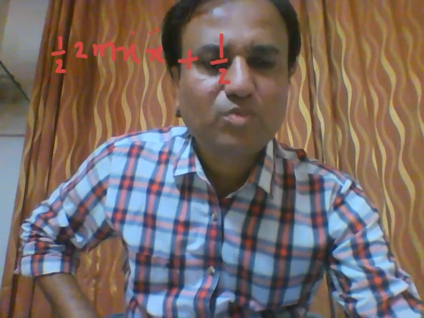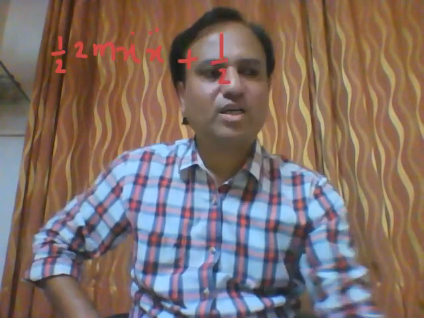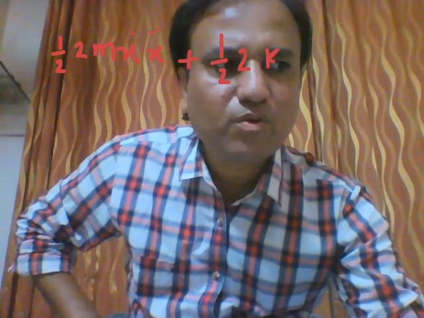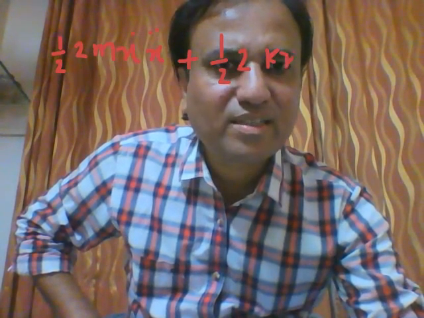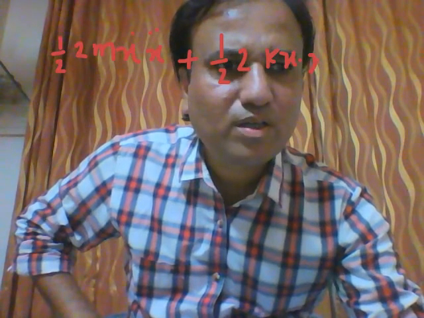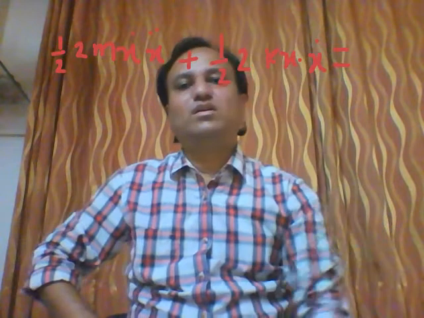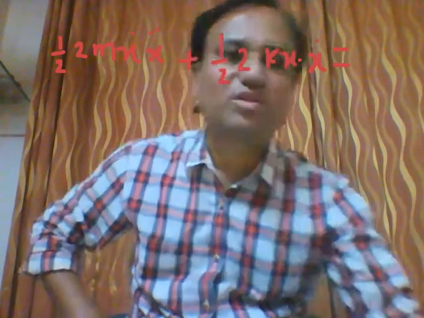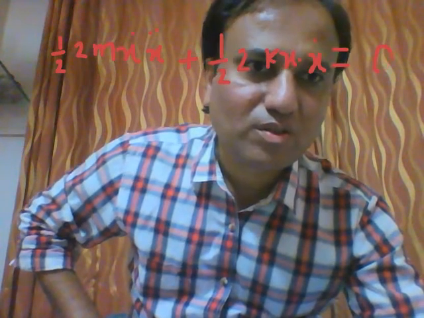For the second term, the potential energy 1/2 kx square, we get 1/2 into 2 into kx into x dot. The right hand side is constant, so its differentiation is 0.